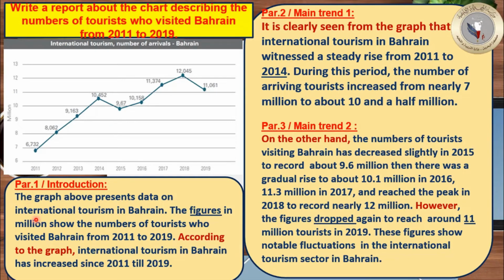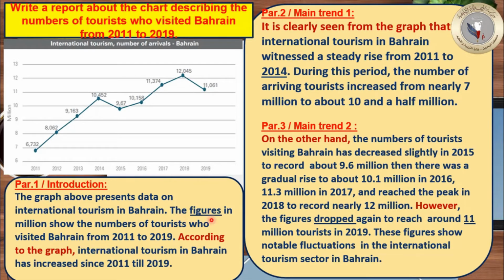What I do, the graph above presents, I can exchange or replace it with shows, demonstrates, illustrates. I can choose whatever verb I want. Data on international tourism in Bahrain.